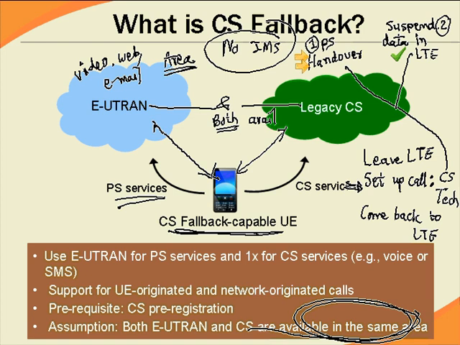When you are on a voice call, you will be, let's say, on 850. Our RF is tuned to 850, and when we are on data, LTE, then we'll be on 700. So RF is tuned to 700. That is the cheap handset solution that we have today.